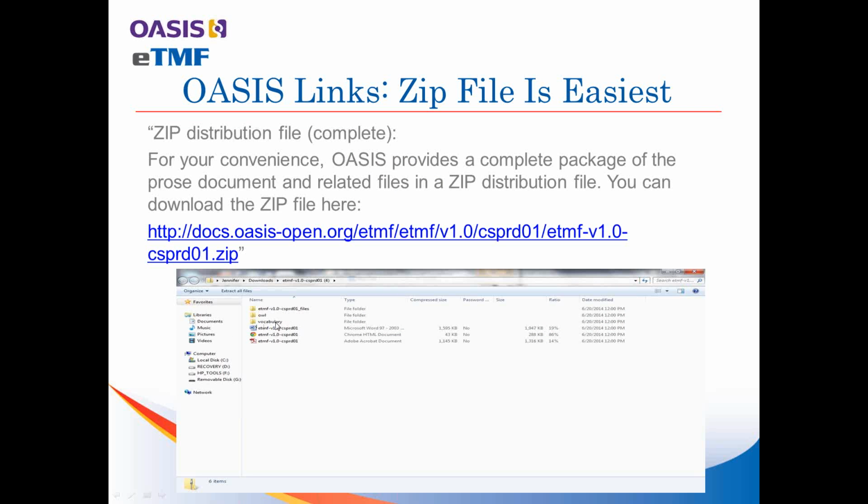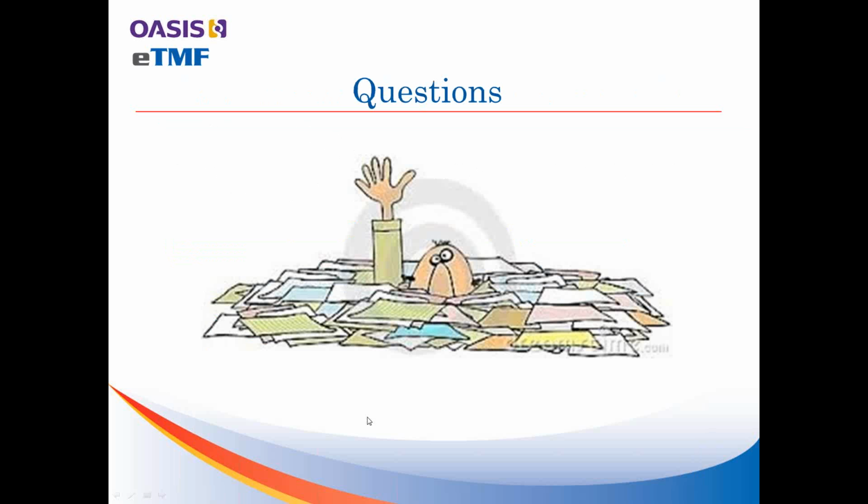So it's opening up the vocabulary and going to the Excel spreadsheet that has vocabulary. You'll see the eTMF version 1.0 is in different formats. That's the 40-page specification document. And then the OWL is the machine code. So that's kind of a rundown on that.